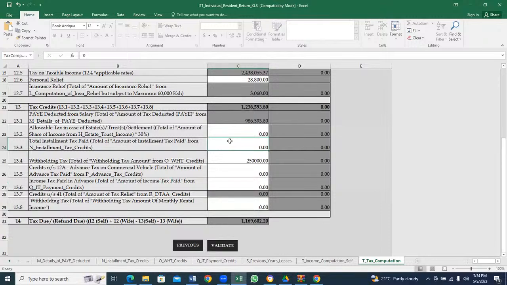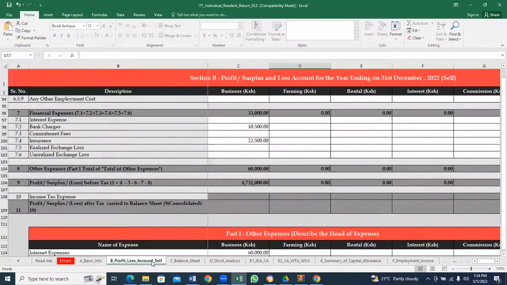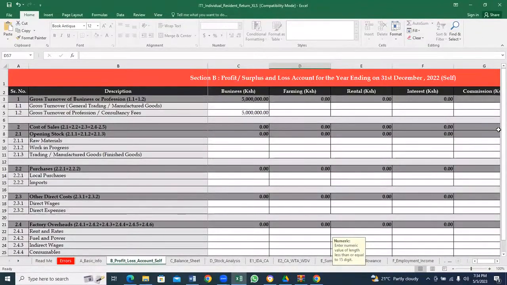The same, even if you work with an insurance company and you are paid insurance commissions, huyu mtu end up kulipa 1.169. So if you work with an insurance company and your salary is mainly commission, utakuja kujaza hiyo commission hapa.